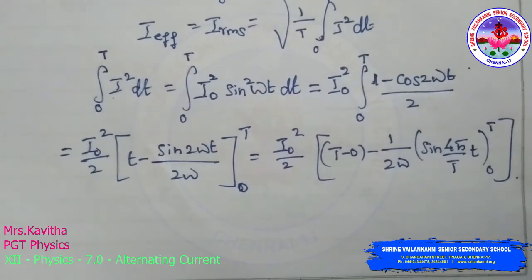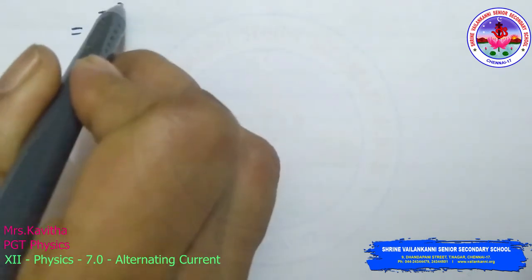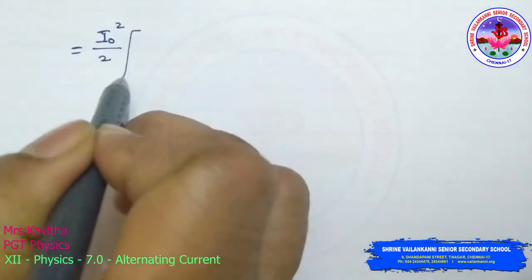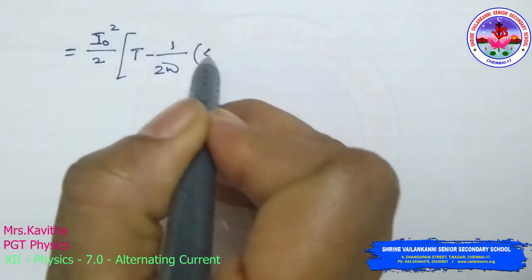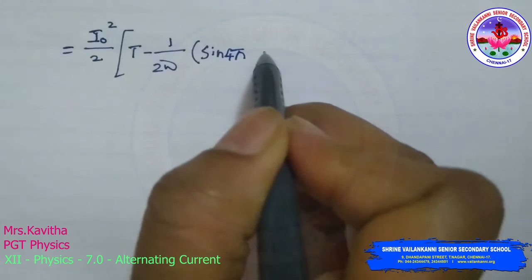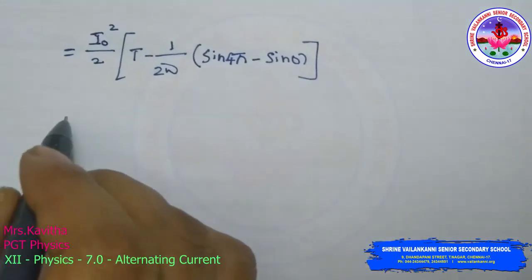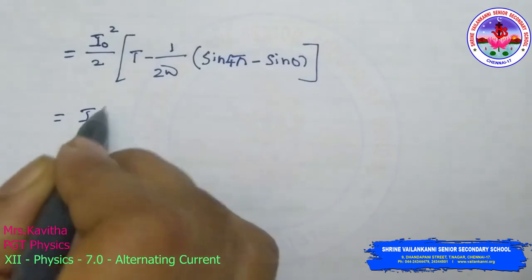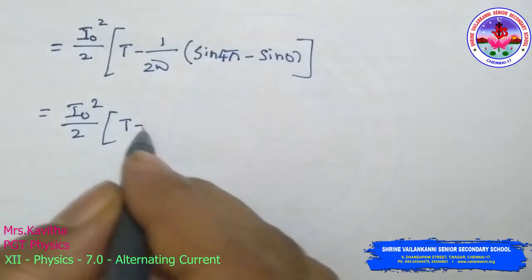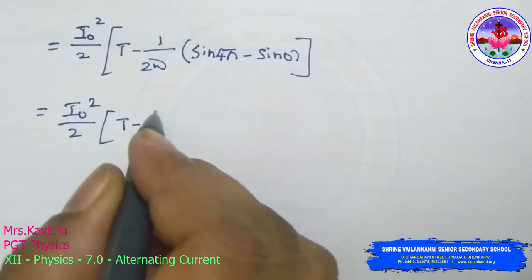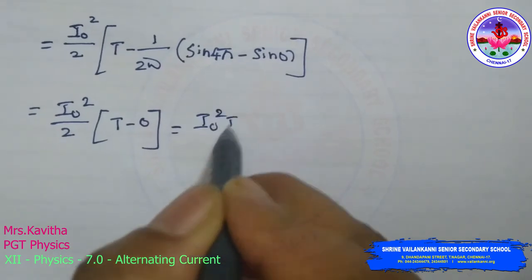So it is equal to I naught square by 2 into t minus this part, which is fully 0, since sine 4 pi and sine 0 are both 0. So we get I naught square t by 2.